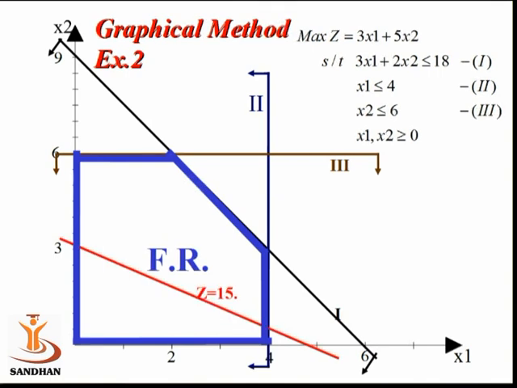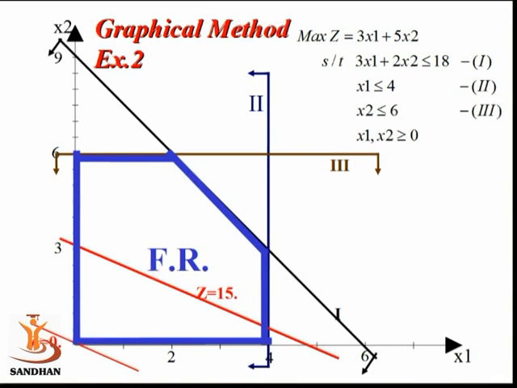So friends, we will make the isoprofit line such that it represents 3x1 plus 5x2, meaning the x intercept and y intercept are defined. Then we will change the location of this line upwards, keeping the same slope, such that it touches a corner.